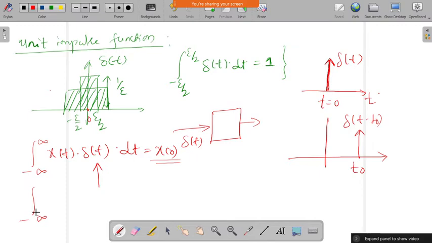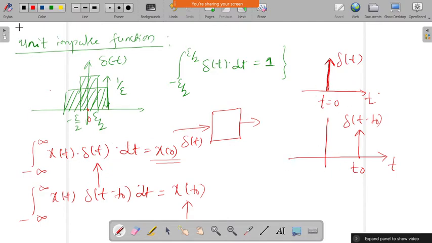Now if I multiply this with x of t, this will give the value at t naught, because the impulse function is 1 only at t equal to t naught. So whenever t becomes equal to t naught, the function gives the value at time t equal to t naught. This is how, whenever we apply the impulse function to any signal, it gives the signal value at the particular time where we define the impulse.